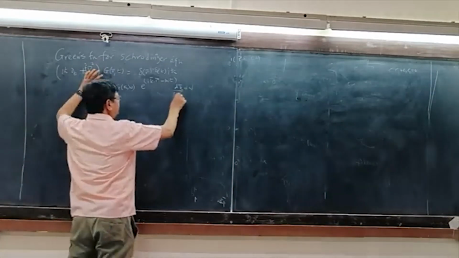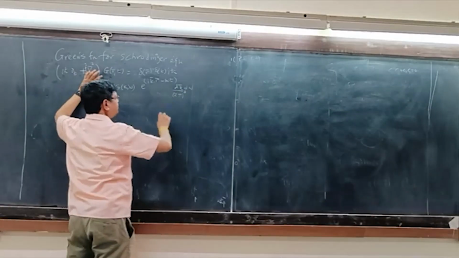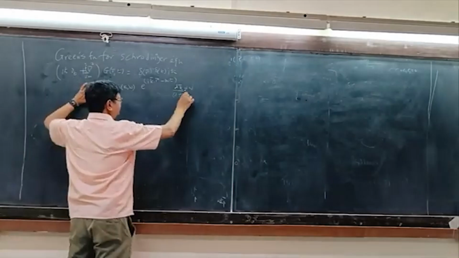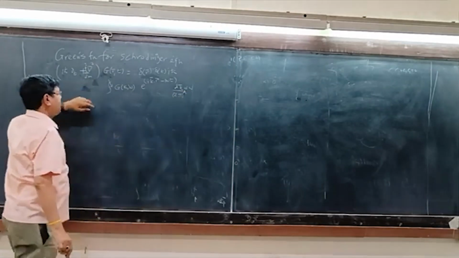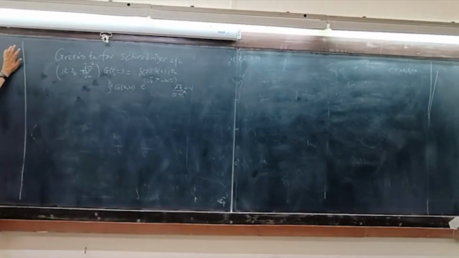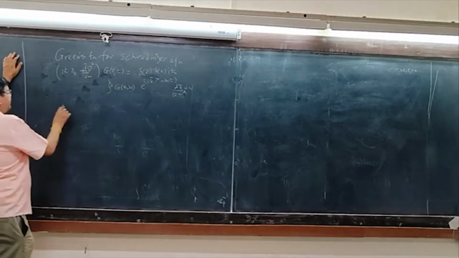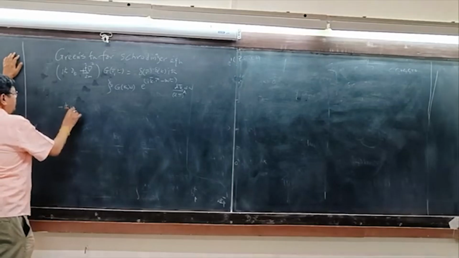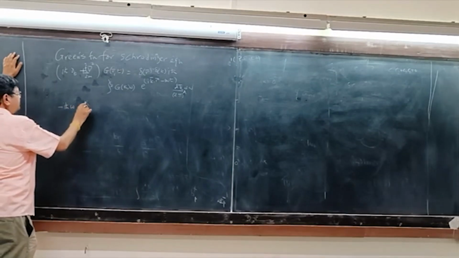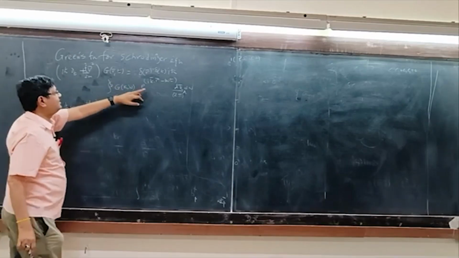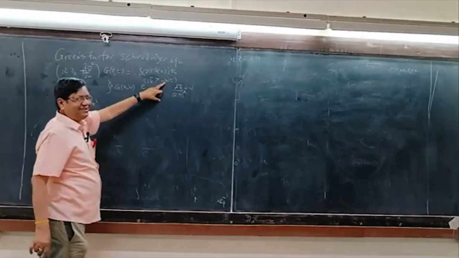And we write this as 1 by 2 pi cubed, or in D real space dimension, D. So if I substitute that, I'll get minus i h bar omega minus h bar squared k squared.